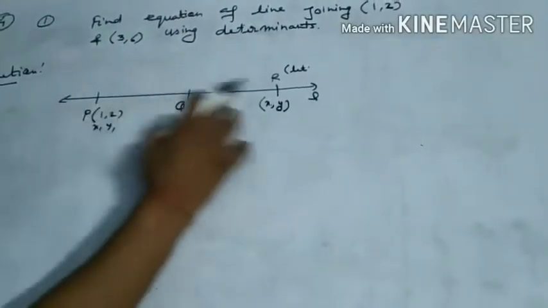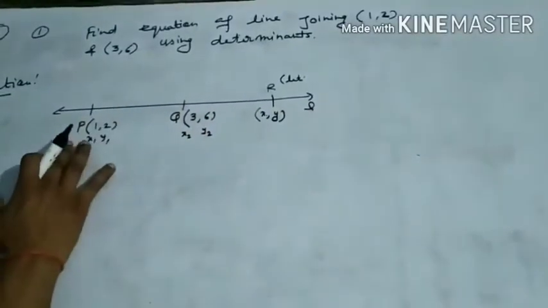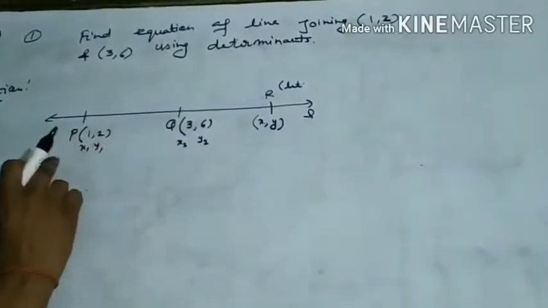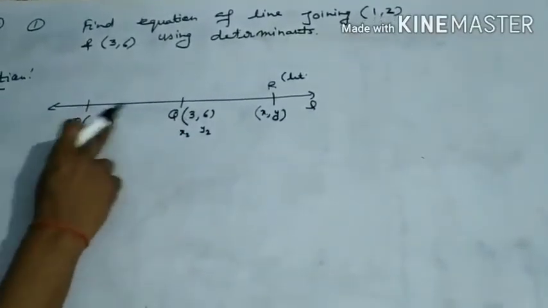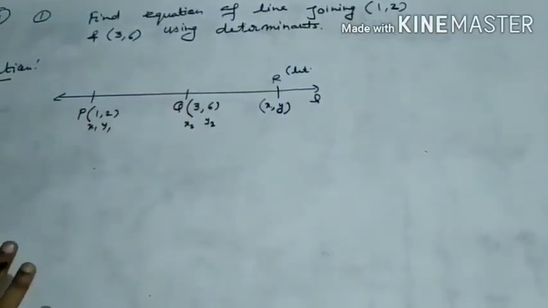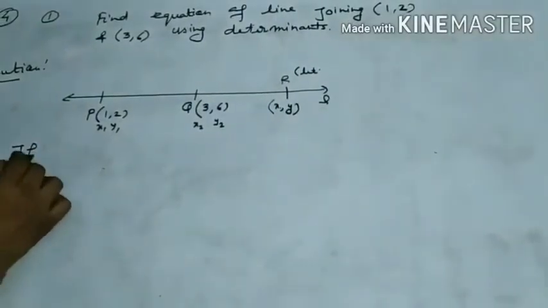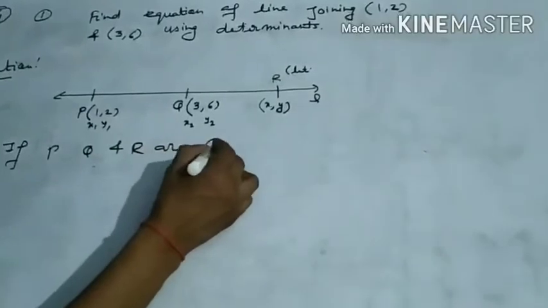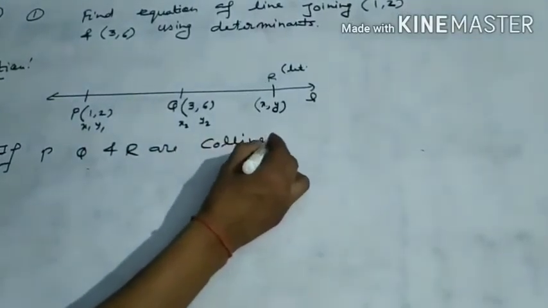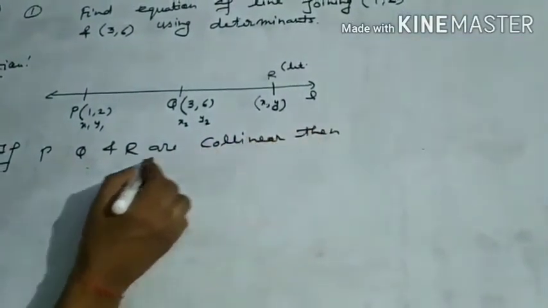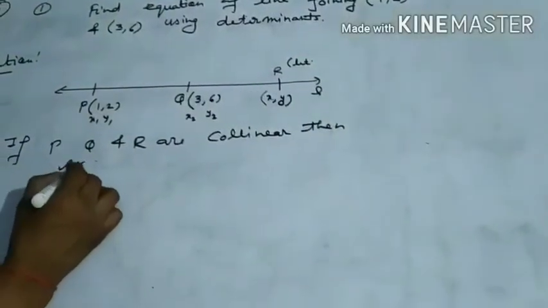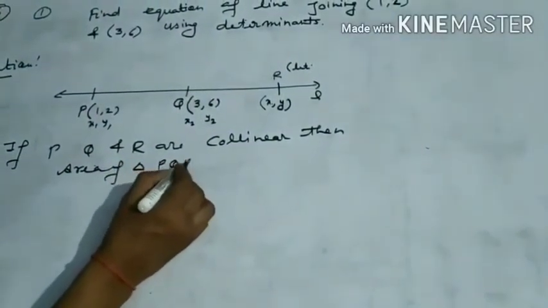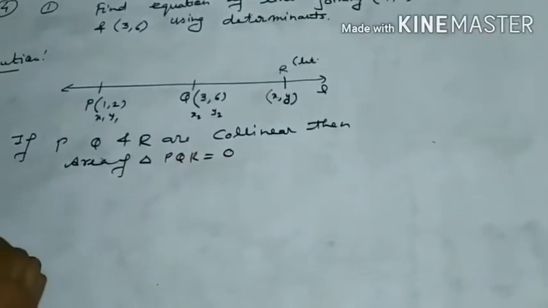Now this is the line L, and if P and Q are lying on this line, then the area of the triangle formed by PQR must be 0. Means if P, Q and R are collinear, then the area of triangle PQR is equal to 0.